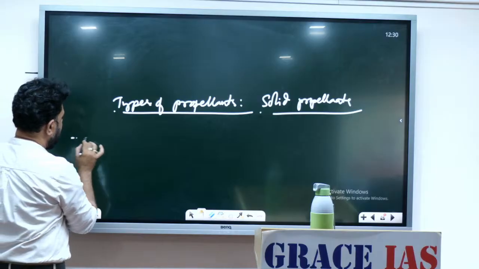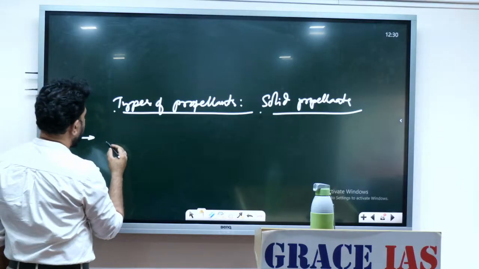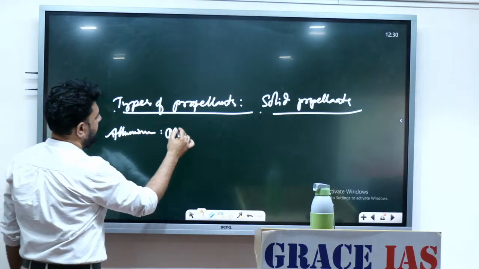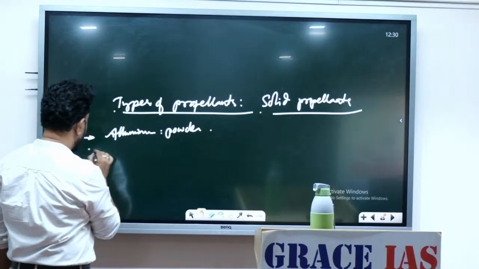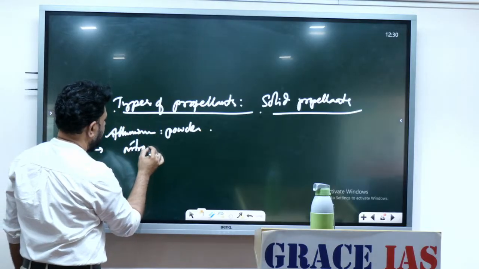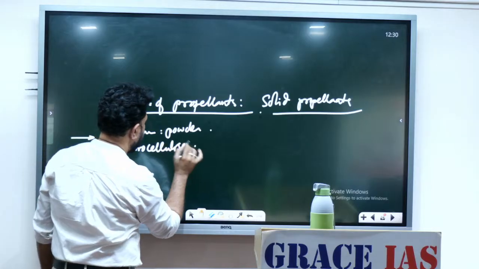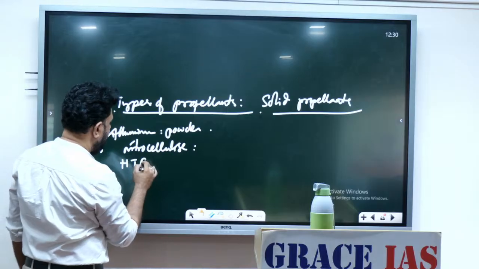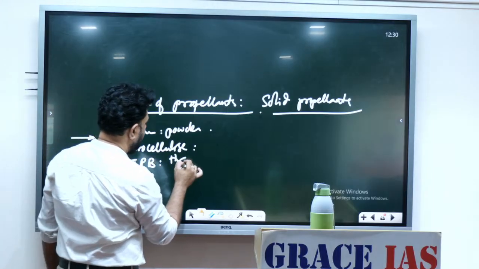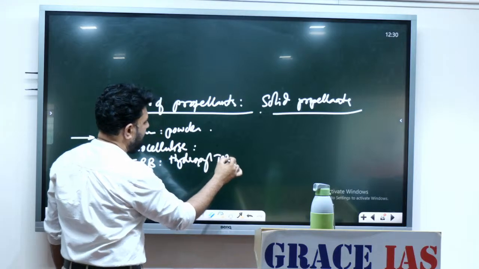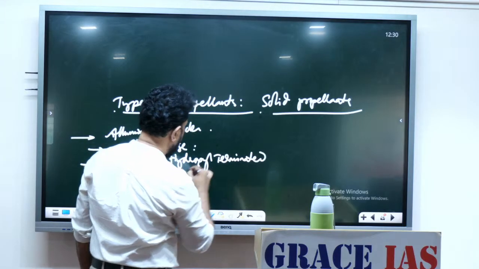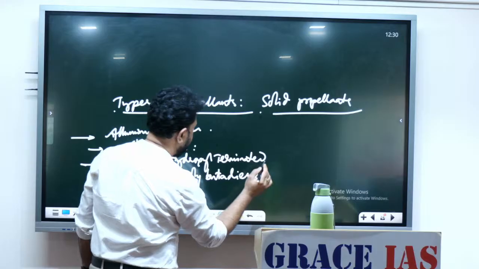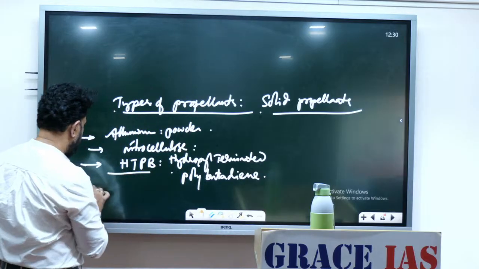These solid propellants are made of a lot of materials like aluminum powder, nitrocellulose, and hydroxyl terminated polybutadiene rubberizer, HTPB.